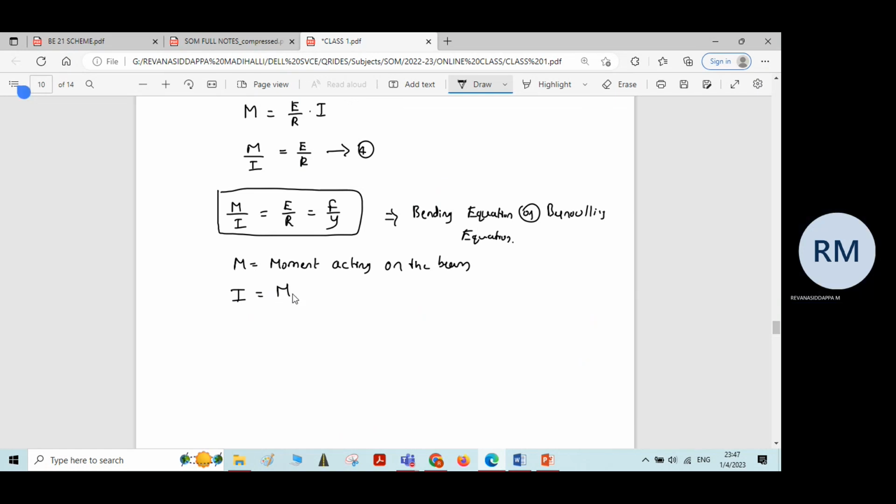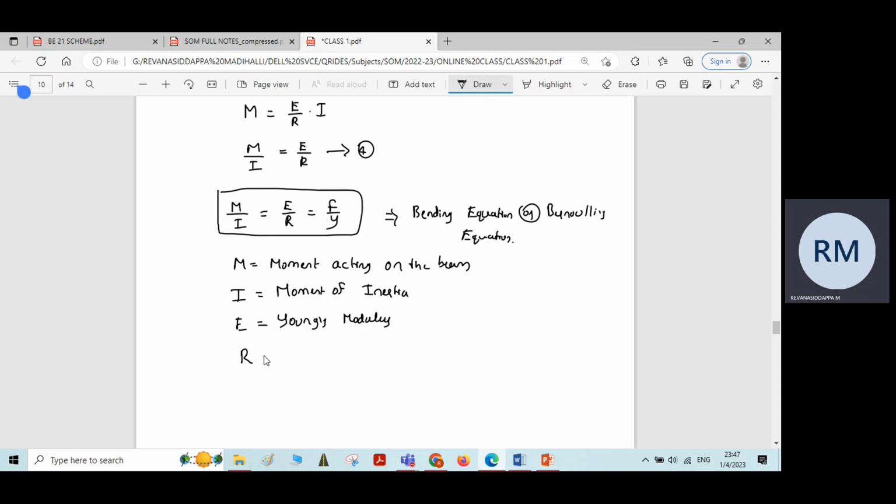I is the moment of inertia. Then E is Young's modulus. Then R is the radius of curvature of the neutral axis. Then F is the bending stress.